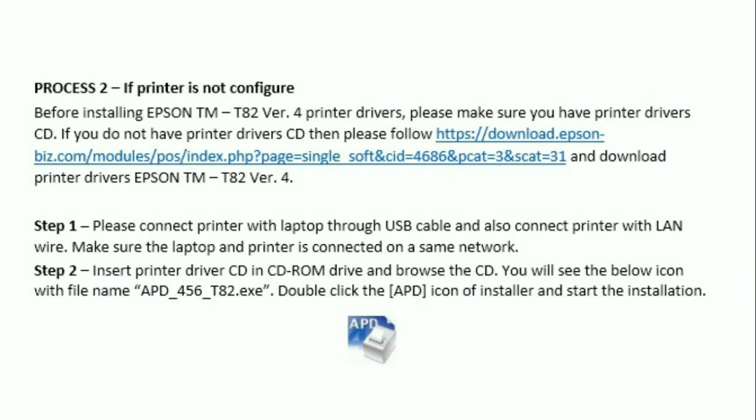The second step is insert the printer driver CD in the CD-ROM drive and browse the CD. You will see the below icon with file name apd456t82.exe. Double click the APD icon on the installer and start the installation process.